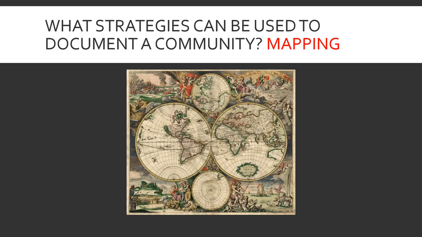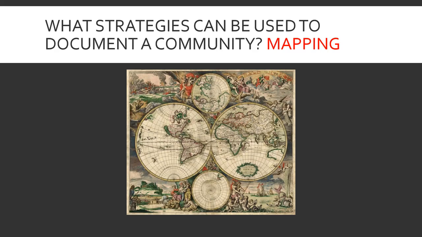So with that little caveat out of the way, we'll talk about mapping, which is something that the Grimm and Noriega article discusses. So this is essentially the idea of engaging in research that leads to a mapping of key people, movements, and organizations within a community.